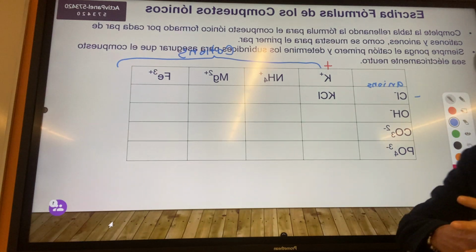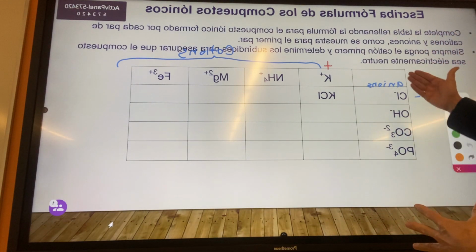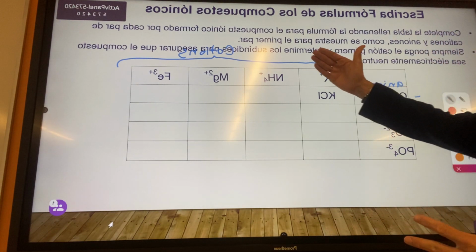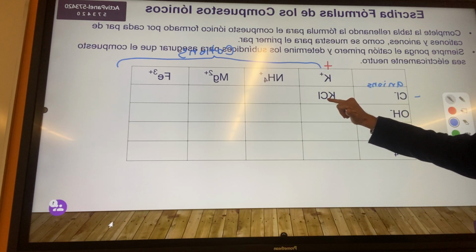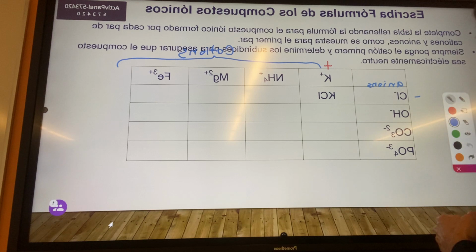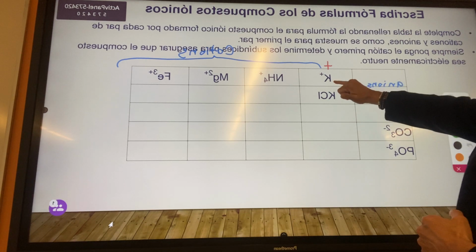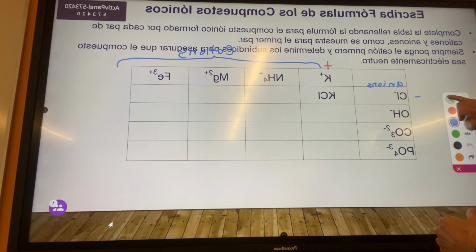And we're going to synthesize compounds mixing the anions and the cations in a way that they provide a neutral structure. The example they start us with is the reaction of potassium metal with chloride ion.